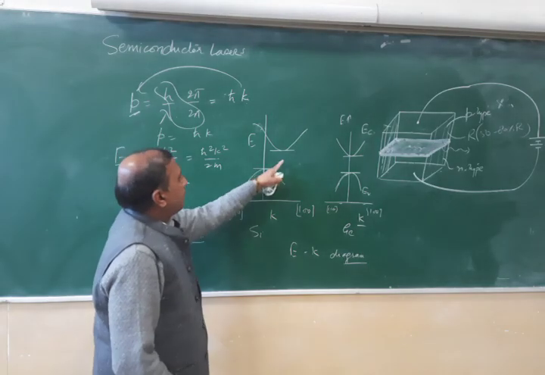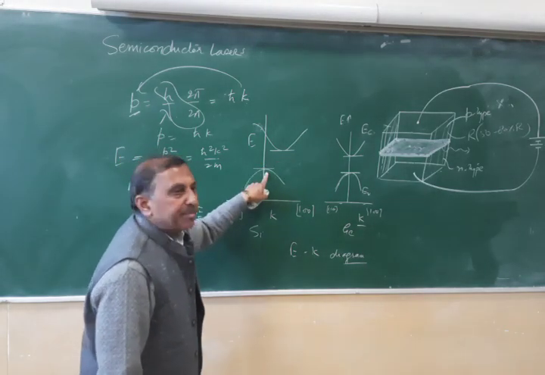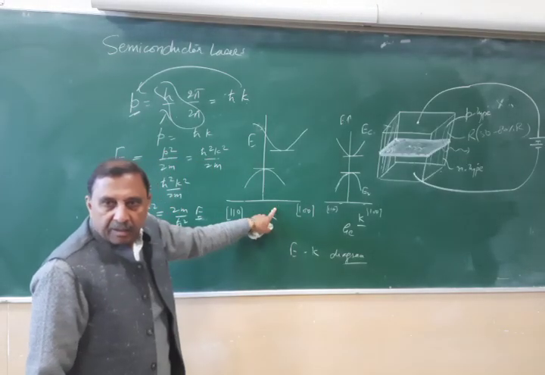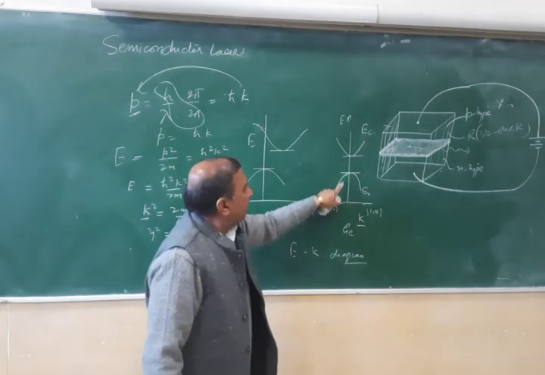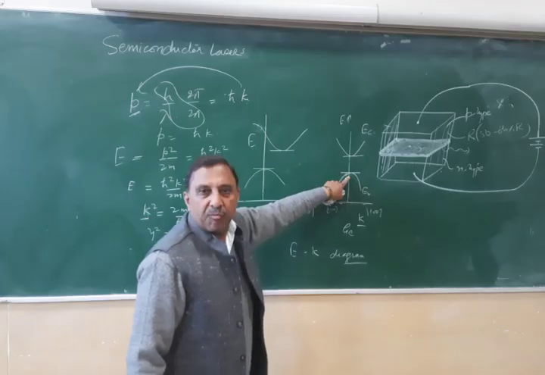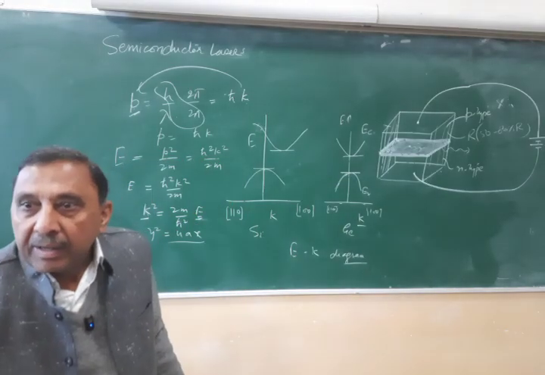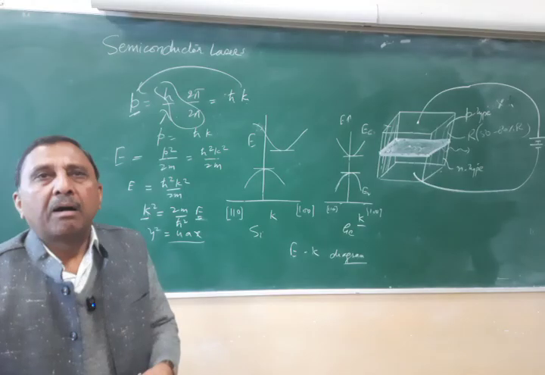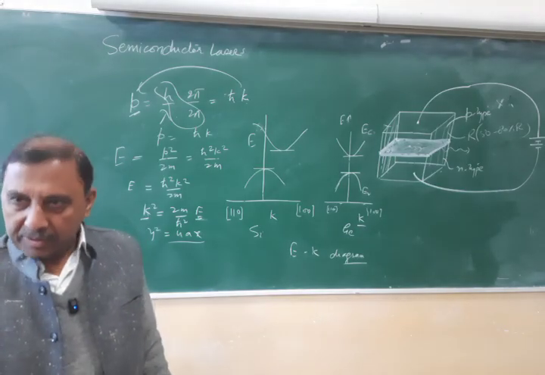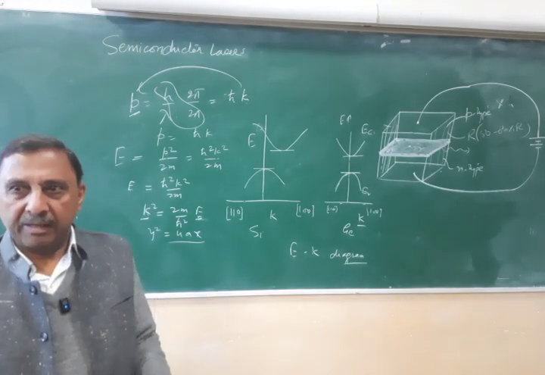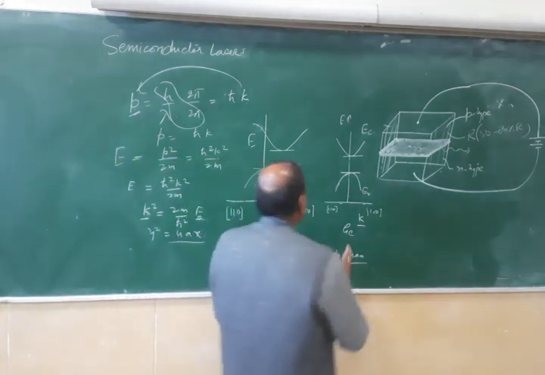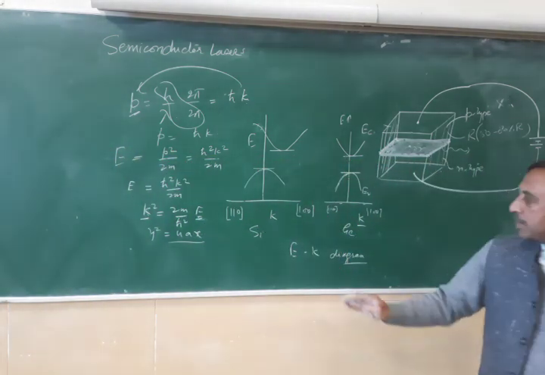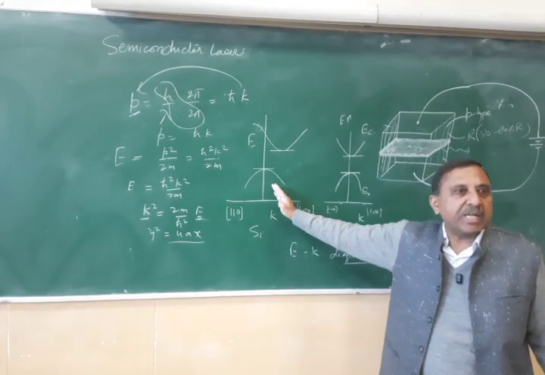So here minima of conduction band, maxima of valence band occurring at different K. Here minima of conduction, maxima of valence band occurring at same K. There are two types of curves for materials. Material will have either these type of plots or these type of plots. For example, silicon, germanium has this type of behavior.